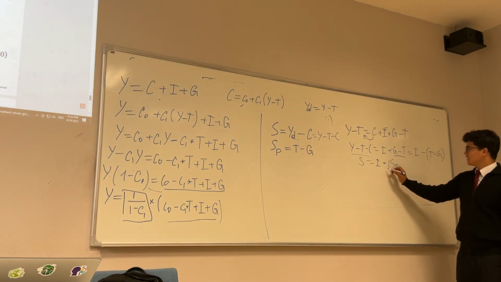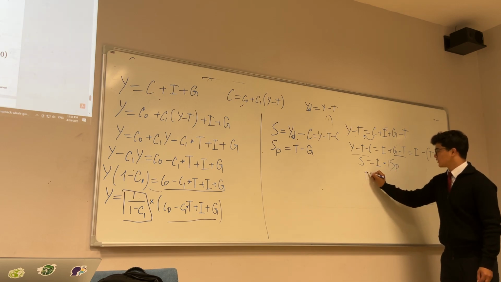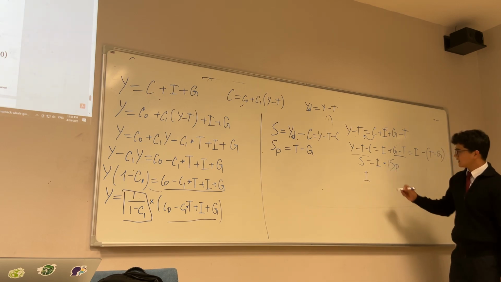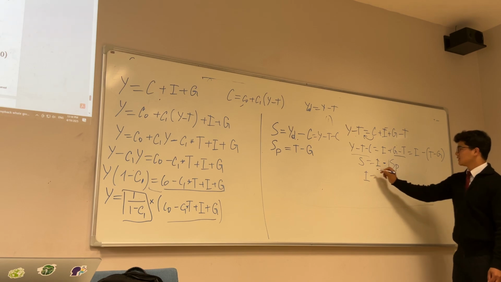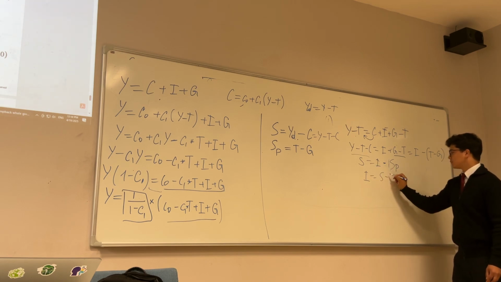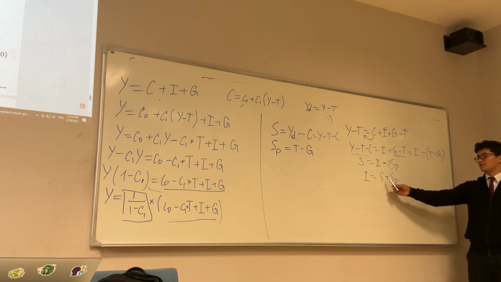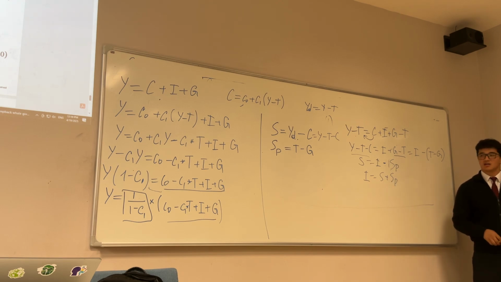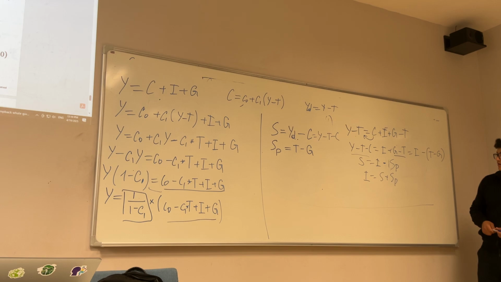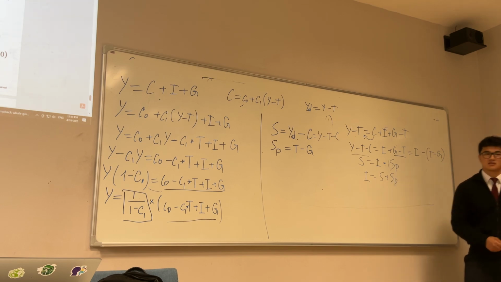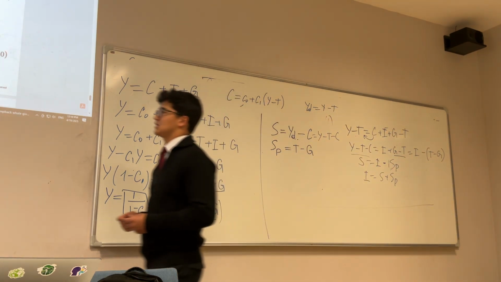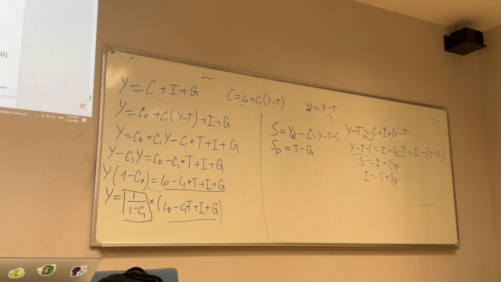So now investment will be on the right side: plus S plus SP. So our investment is equal to our private savings plus our public saving. That's how they are deriving investment equals savings. Saving is our accumulated wealth over time. Accumulated wealth means that from the beginning we are saving. That's called savings.